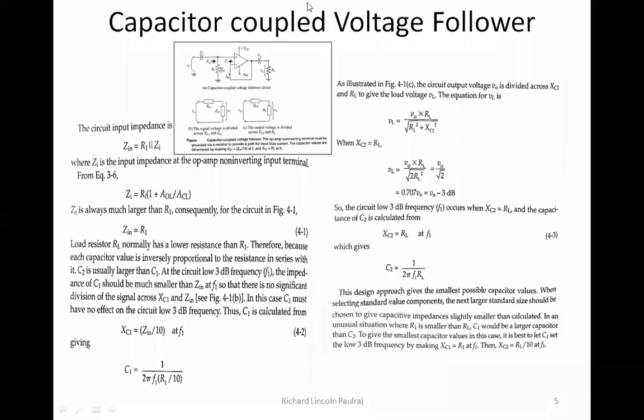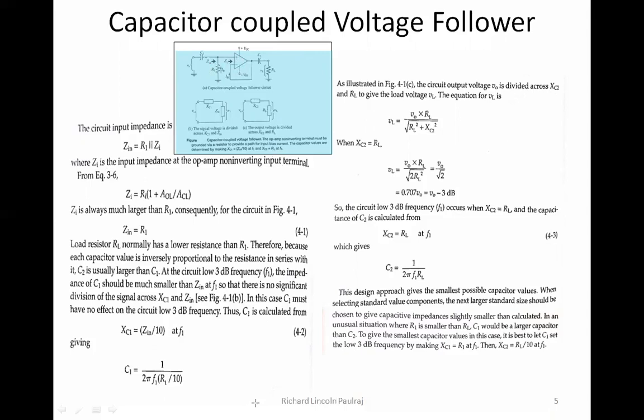I want you all to concentrate on the circuit in this diagram so that you'll be able to understand. Zi is the input impedance at the op-amp non-inverting input terminal.